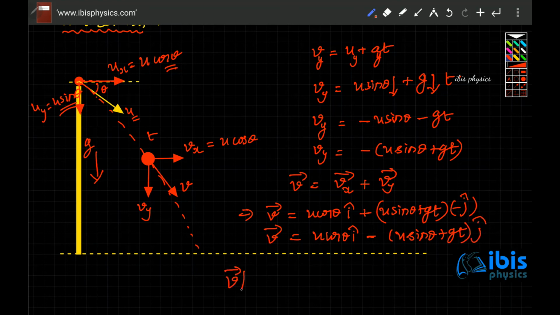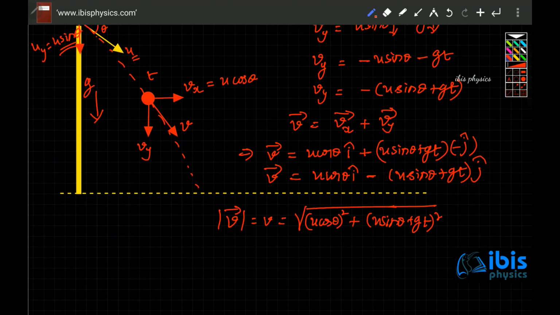So the modulus of that velocity v equals root over vx square plus vy square, that is, u cos theta whole square plus u sin theta plus gt the whole square. Why? Because minus of u sin theta plus gt whole square becomes plus of u sin theta plus gt whole square.